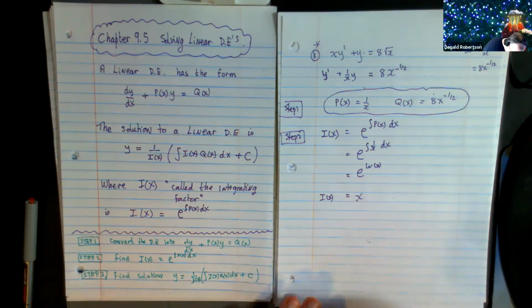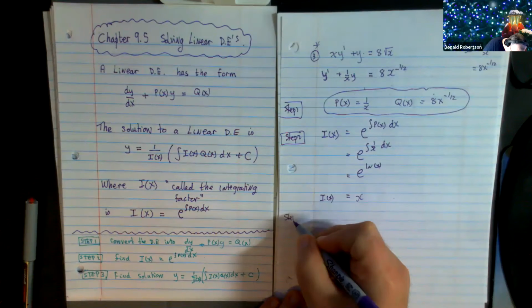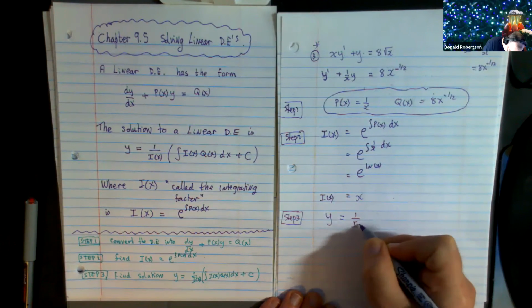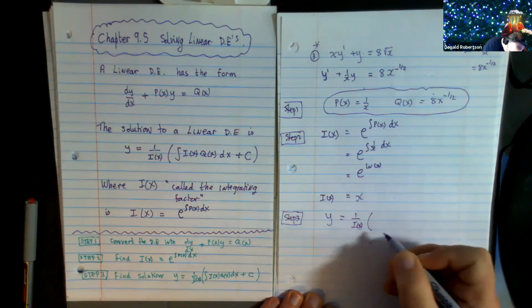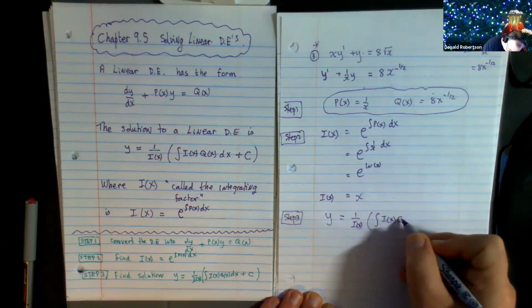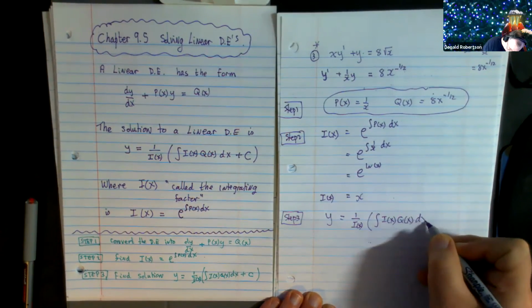So we can now move into step 3. And step 3 is the solution. 1 over the integrating factor, the integral of the integrating factor times q, plus c.